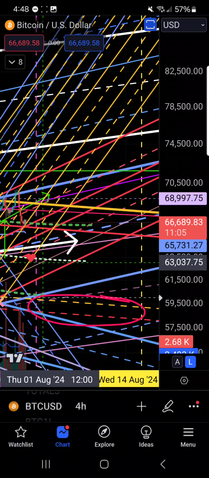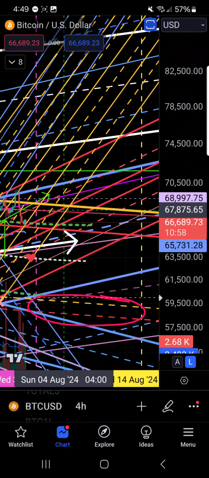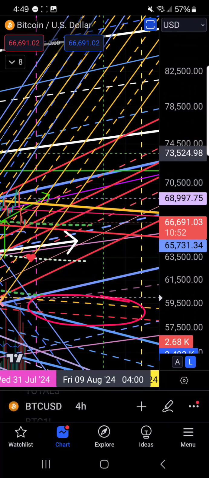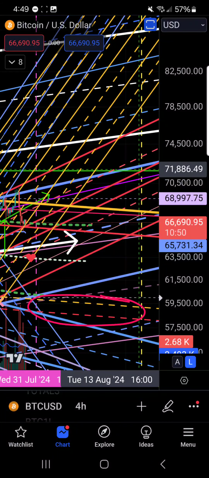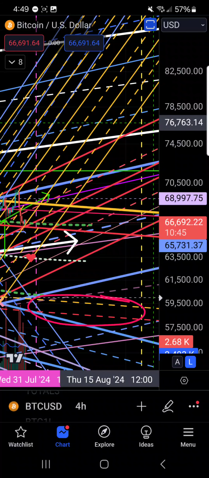We may hold that as support, come back up, and follow this orange channel here, come back up, and get a breakout prior to this date.